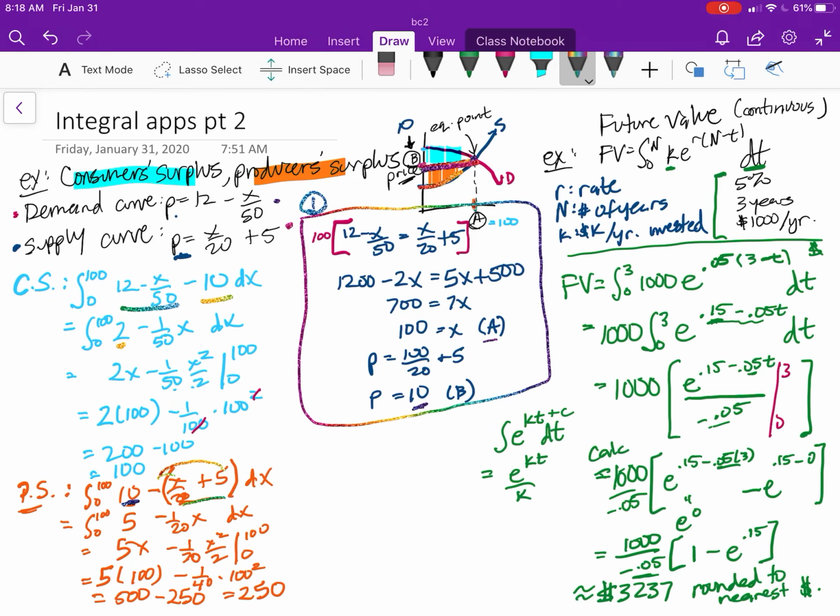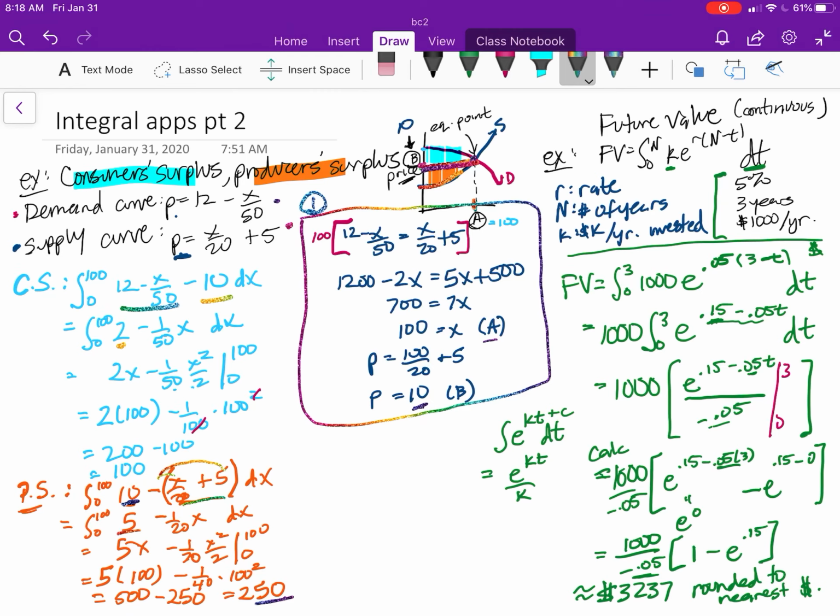And I didn't distribute this negative, and I actually had 15 here. It's the upper minus the lower. If there's more than one term, distribute that negative. Pretty easy integral. Once again, substitute the 100. We get 250 for the producer surplus. Pause the video as needed, check it out, look over all the calculus there.